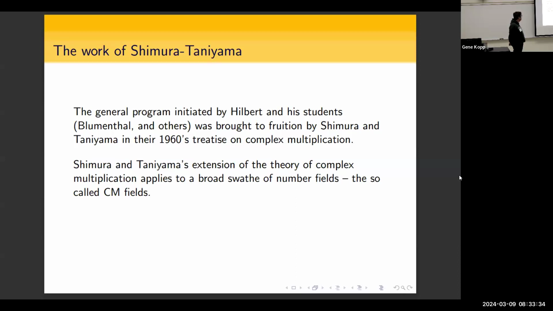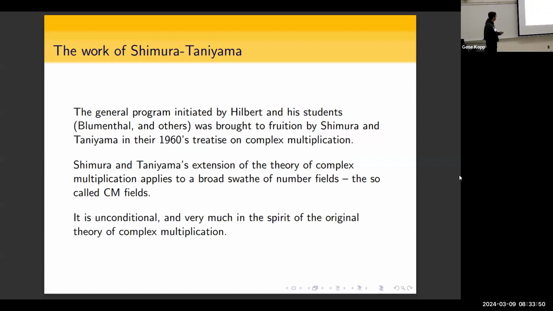This extension covers a broad class of number fields, namely the so-called CM fields: quadratic extensions of totally real fields, which are themselves totally complex, where all the real embeddings have to extend to complex embeddings. What's nice about this work is that it's unconditional. It's in some sense a complete theory, and quite in the spirit of the original theory of complex multiplication of Kronecker, Weber, and so on, developed in the 19th century.